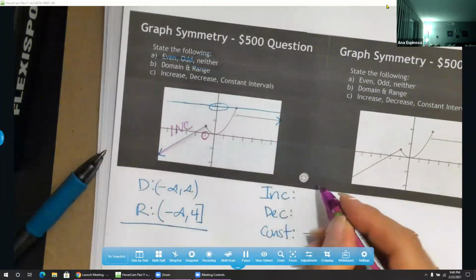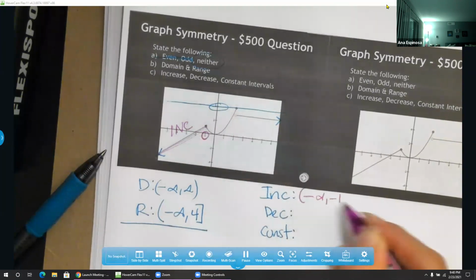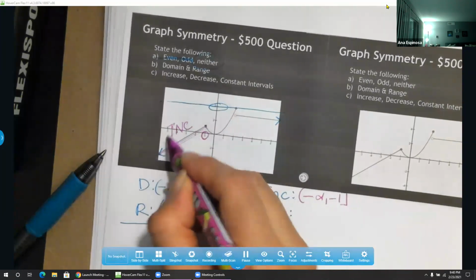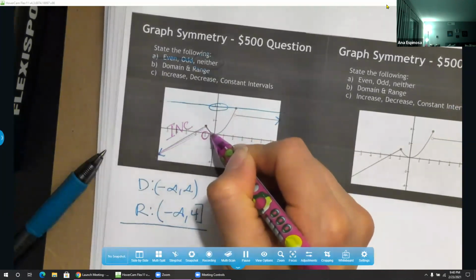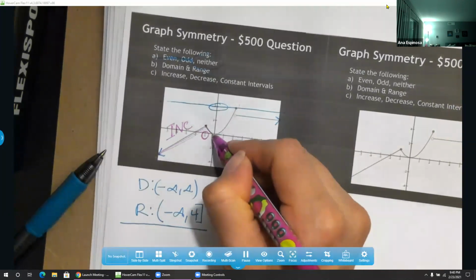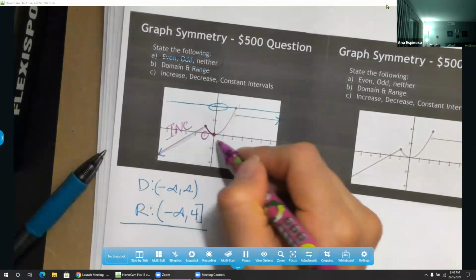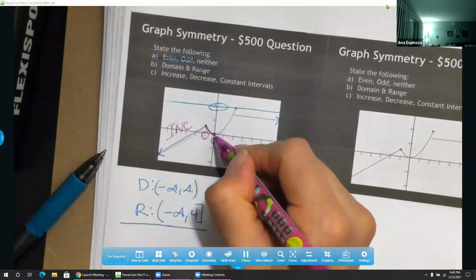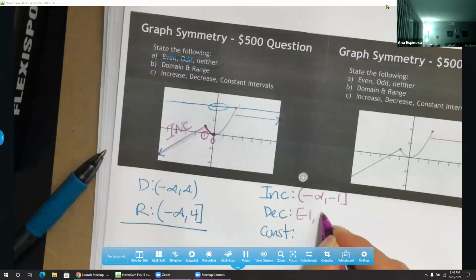I'm going to put that here. From negative infinity all the way to negative 1, it is increasing. So that's why I put inc. Then from here to here, it goes down and then it goes up. So here it stops. So from negative 1 to 0, it decreases. So I'm going to go to decrease. So from negative 1 to 0, it decreases.